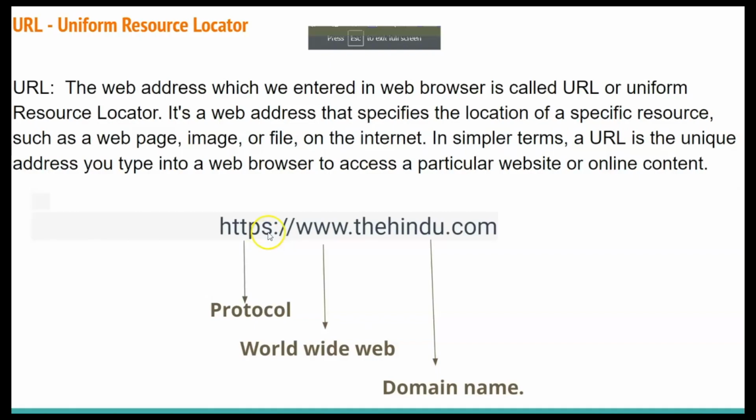So HTTPS basically it's a protocol which we use to exchange our data between the server and the browser. So HTTPS stands for Hypertext Transfer Protocol Secure, which ensures that any data transferred between the visitor and the website is secured and no hacker can modify this data. www stands for World Wide Web, and The Hindu is basically a domain name, which we can also say as a website name.